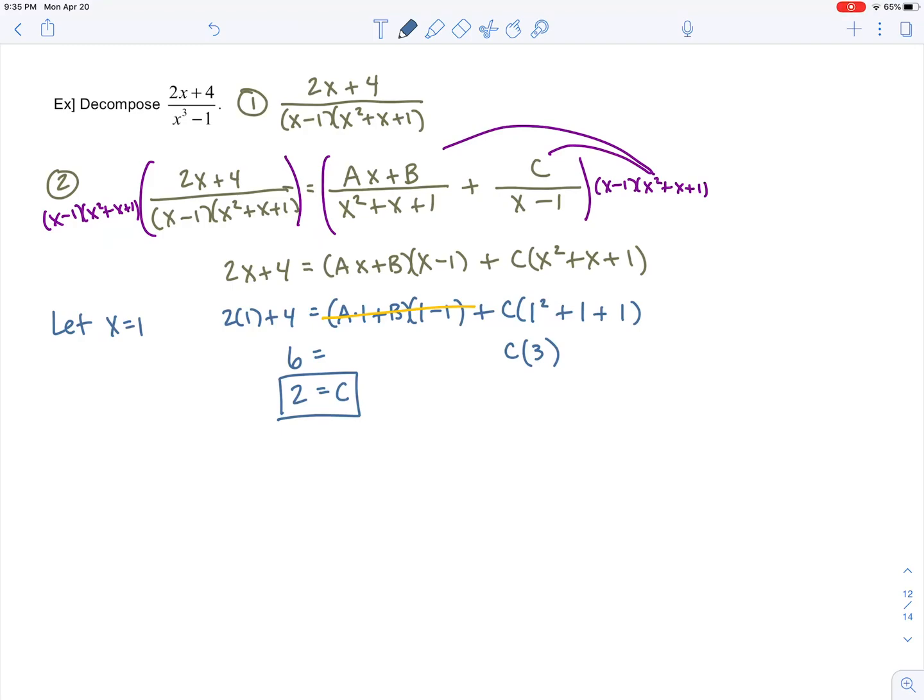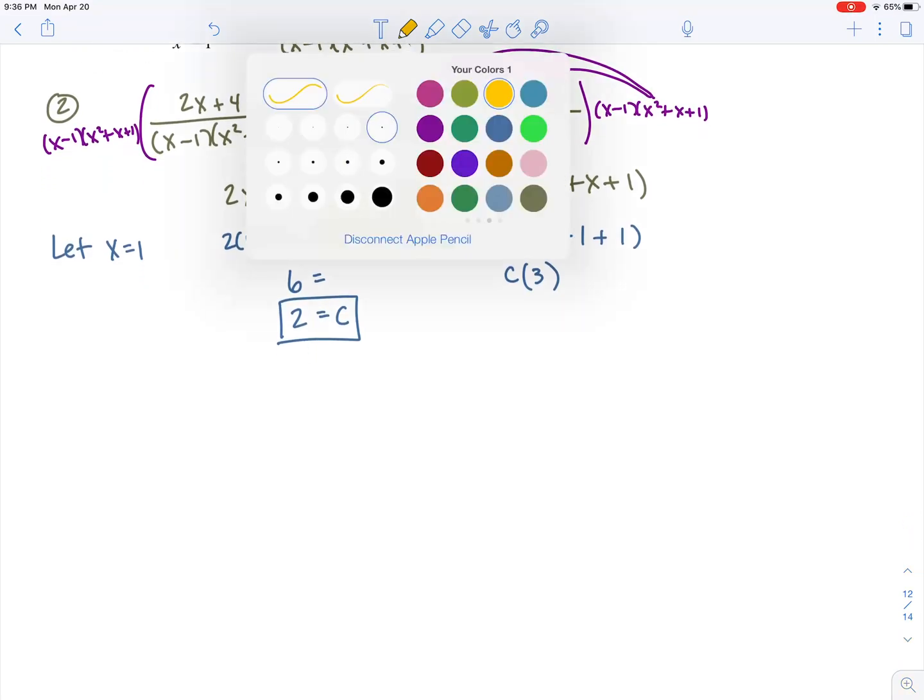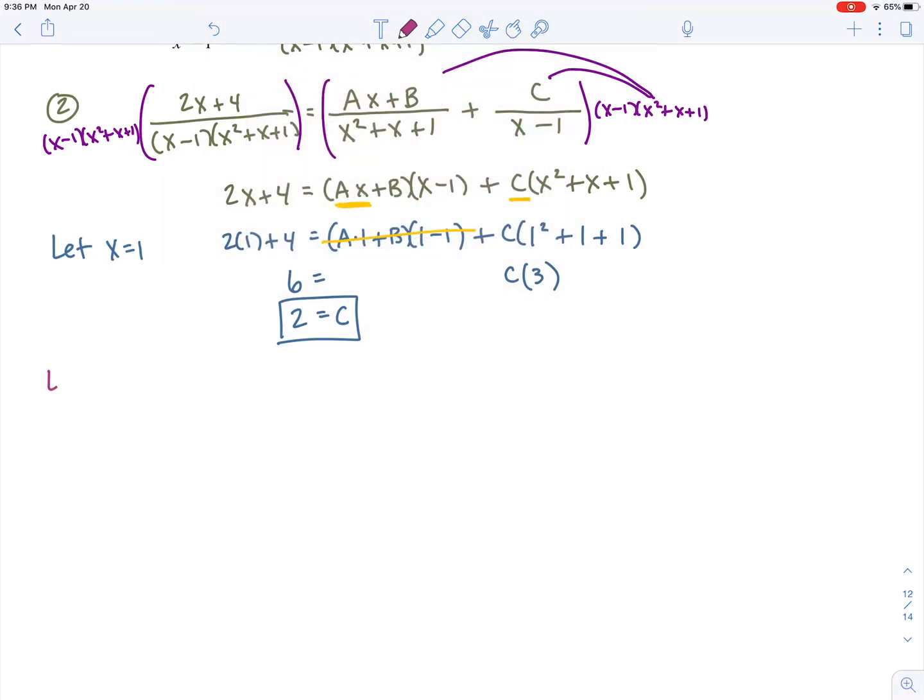Okay, so I don't have any other linear factors, but I am noticing here that I have a times x. So if I let x be equal to 0, and additionally replace c with 2, I should be able to solve for b. That will be my next step. Let x equal 0 and replace c, now that we know what c is.